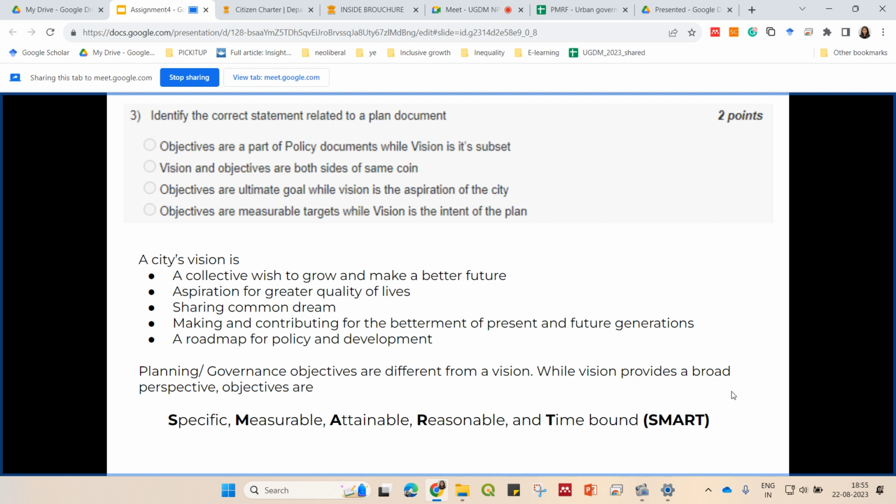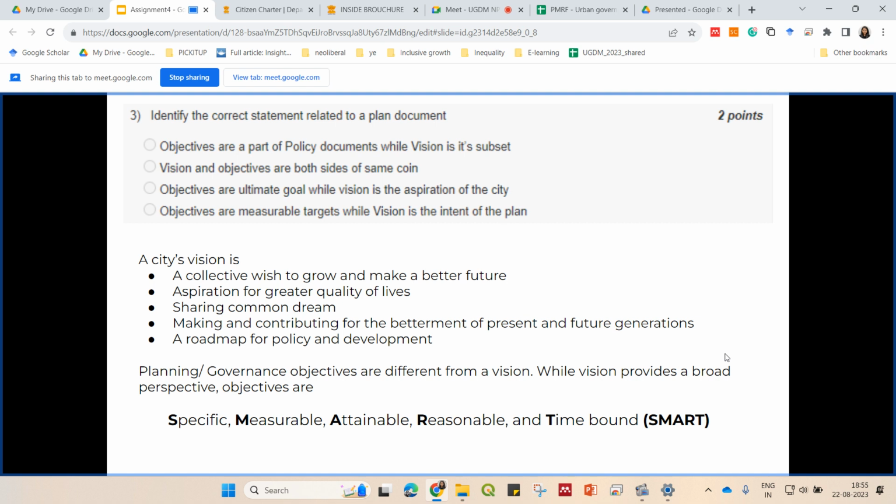It shouldn't come out of something which is very far beyond the needs or wishes or capabilities of the citizens or the stakeholders of the city. And last, objectives are time bound.